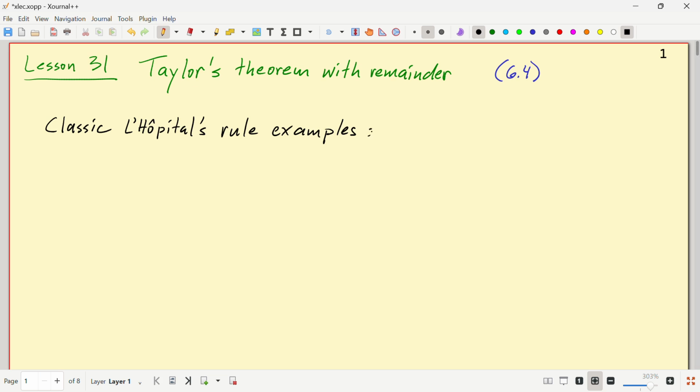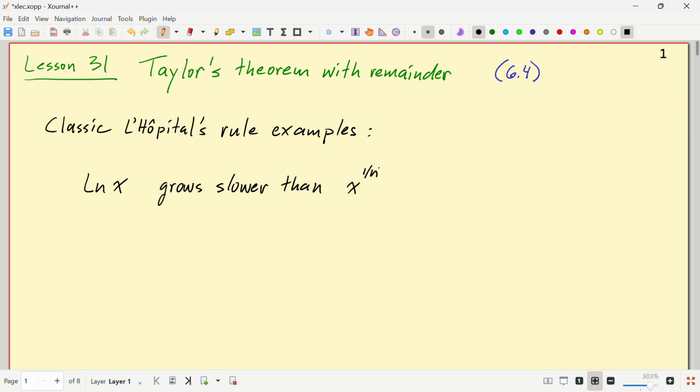In words, the natural log of x grows slower than x to the 1 over n.